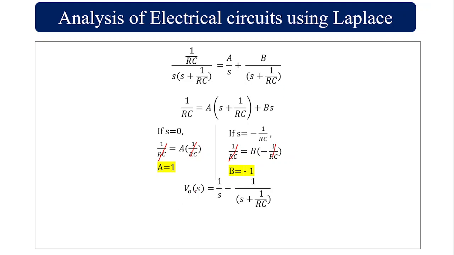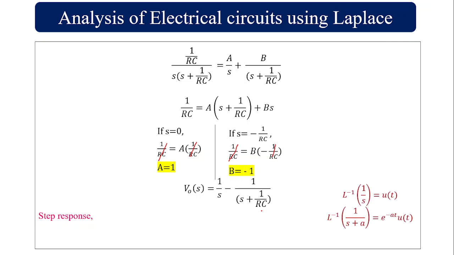So replace it in the equation. V naught of S is equal to, with A replaced as 1 and B replaced as minus 1, 1 by S minus 1 divided by S plus 1 by RC. Now find the step response by taking the inverse Laplace transform.